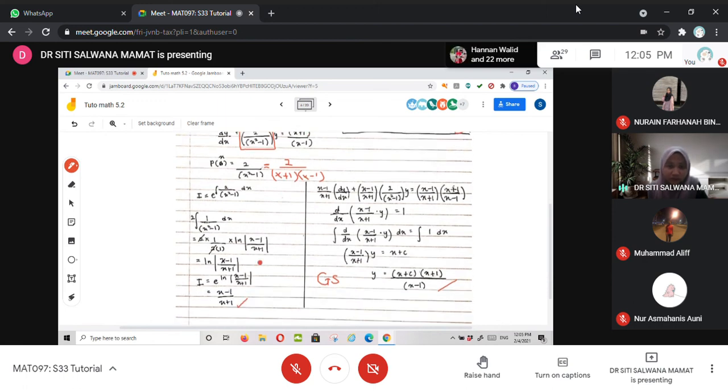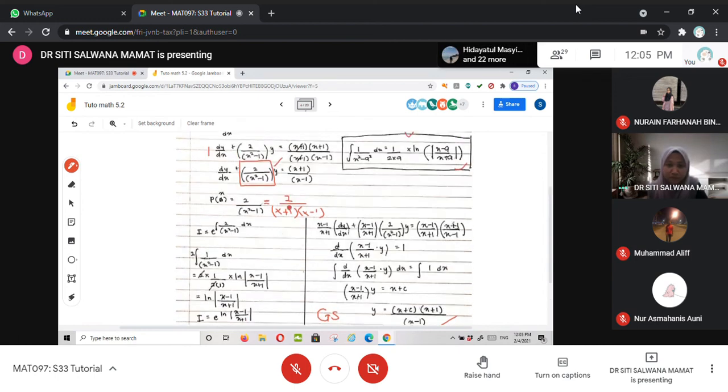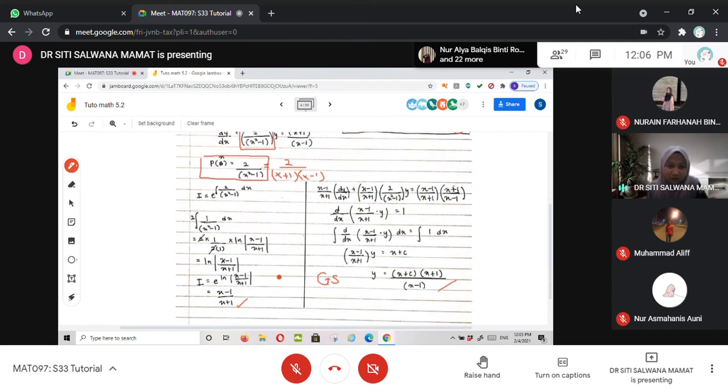Nanti again you akan dapat sama juga macam ni lah, for those yang guna yang ni. Dia guna apa ni nama dia? Partial fraction. Yes, you guna partial fraction tu. So yang ni you pecah pada 2, A over this and then plus B over this. Linear kan?